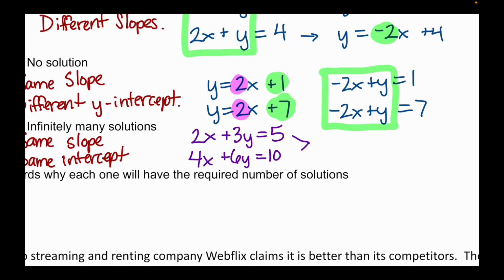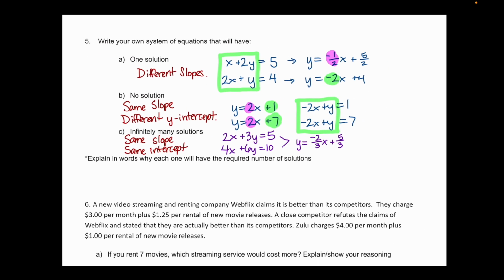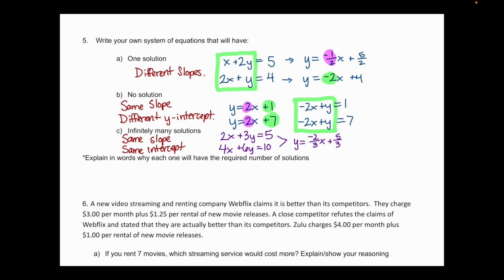And then we can just say for our slope-intercept form, these would both turn into y equals negative 2 over 3x plus 5 over 3. Not nice for my intercepts or anything like that, but they both become the same thing.